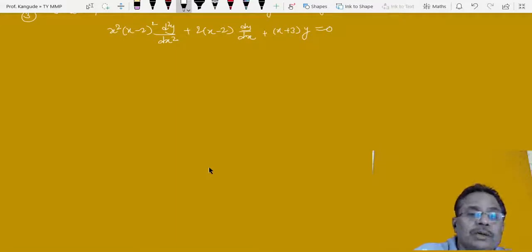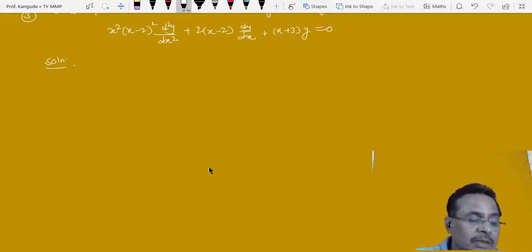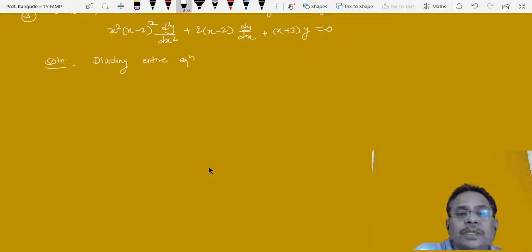Now solution. So we can rearrange this given differential equation in the standardized form. For that we have to divide this by x square into x minus 2 square. So dividing the entire equation by x square into x minus 2 square, let's see what we get.